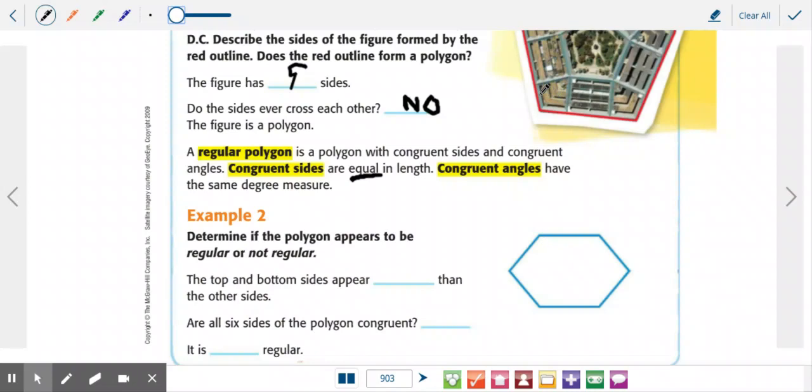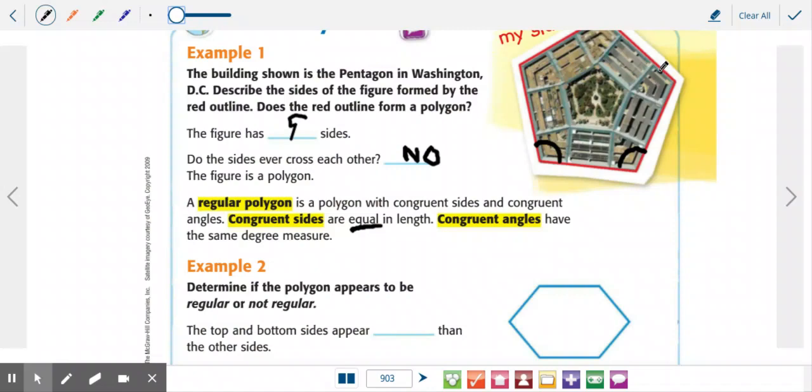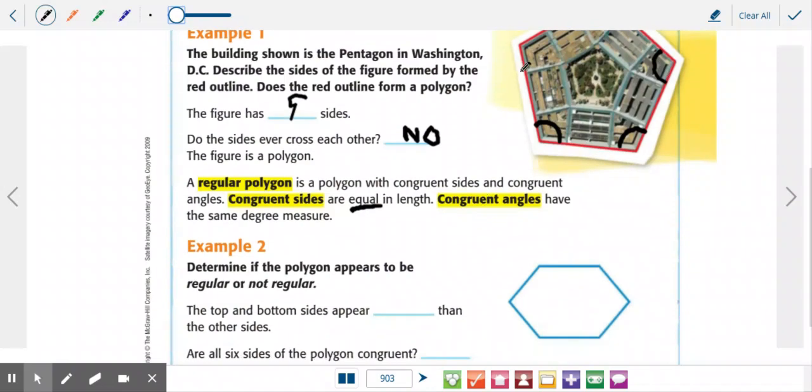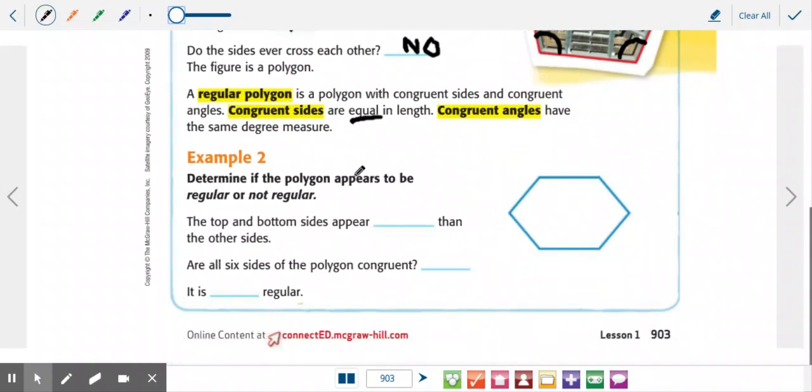So if I take this one here, if I were to measure this with a protractor and this with a protractor, they would definitely be congruent. They would be equal. The angle would be equal. Okay, so if this is congruent with this, that means the sides are equal. If this angle and this angle are congruent, that means that they have congruent angles. They're equal. Hard to say all those words.